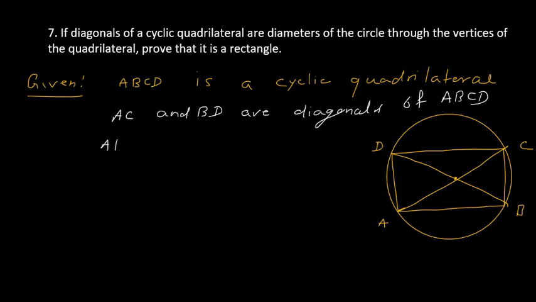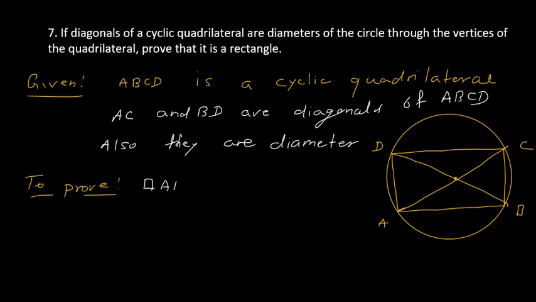Also, they are diameters. This is given, and what we have to prove is that this quadrilateral ABCD is a rectangle.